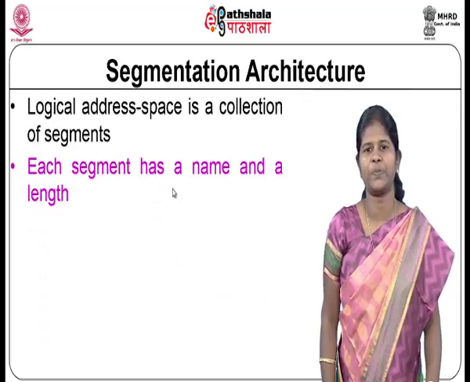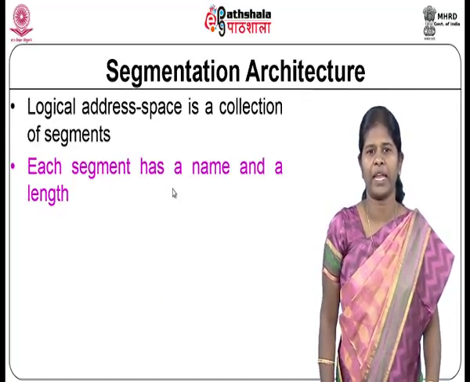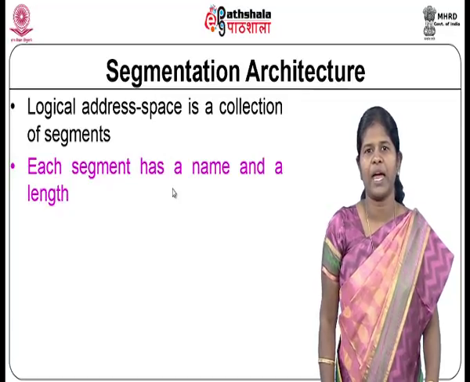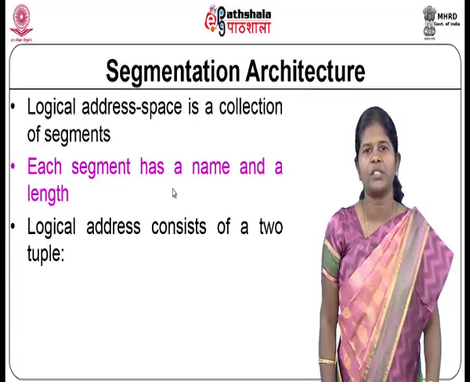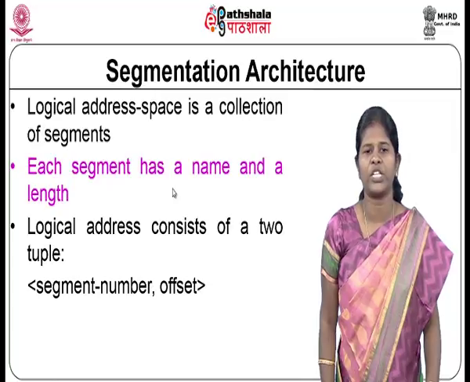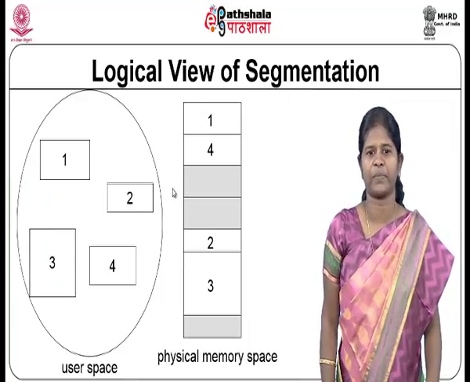The logical address space of any process is now a collection of segments, and each segment has a name and a length. So, the logical address is now a 2-tuple which has a segment number and an offset.